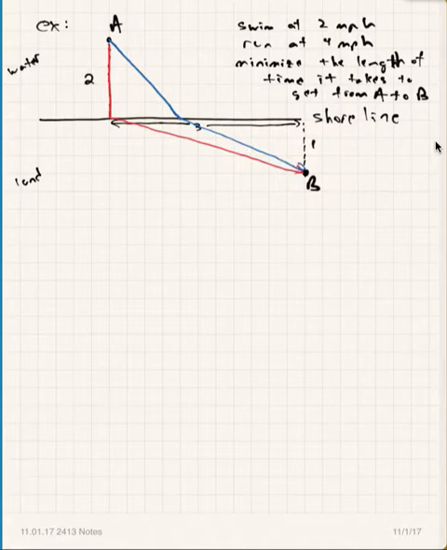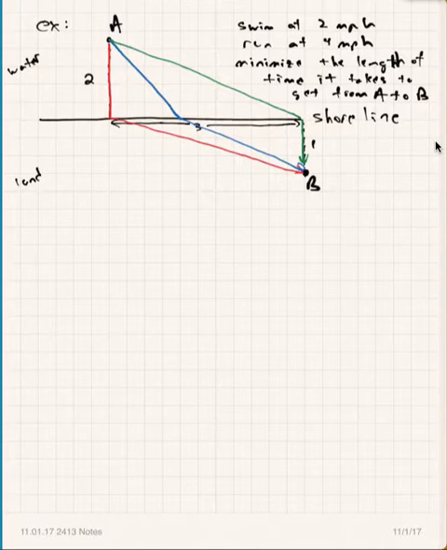So the question is, does the fact that you swim slower than you can run affect that spot, or would it mean that you should just swim straight to shore? And then finally, there could be even a third solution. Though not likely in this problem, you could swim straight to that point right there and then head to point B that way. And it could be anything in between.